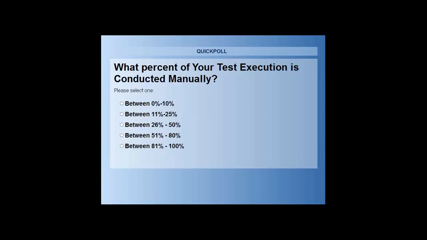I know some of the stuff that we do is a combination, and I'm pretty sure a lot of you out there do a combination of both manual and automated tests. That's always a challenge, to see whether we want something more for speed or more for detail and quality. Just give it a little bit. We're seeing the votes start coming in. Just give it about 10 more seconds.